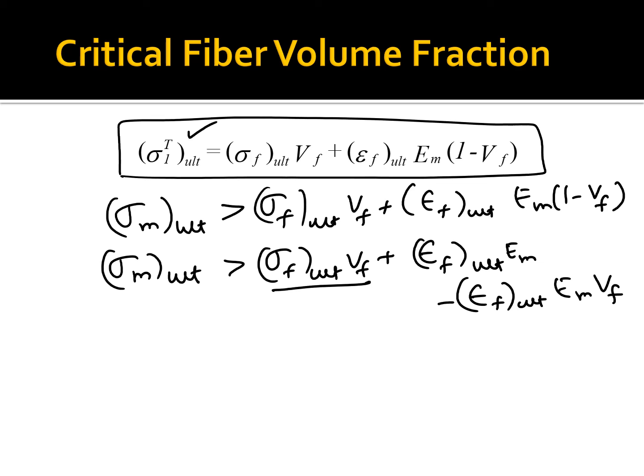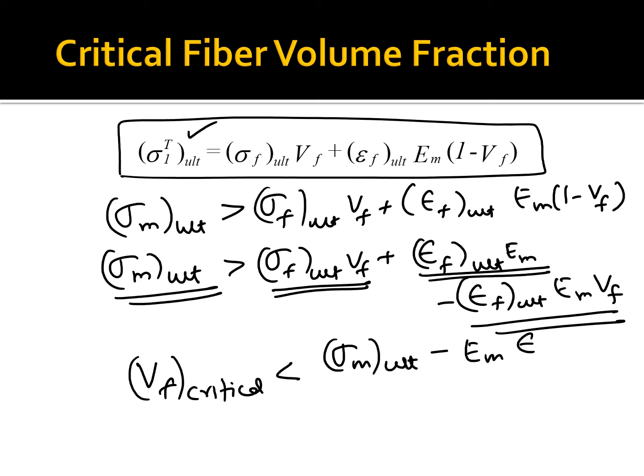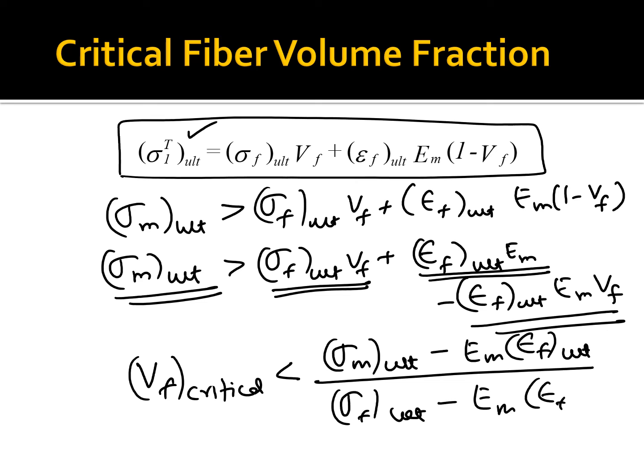So if we separate out the terms which have the volume fraction in it and have these terms together which don't have the volume fraction in it, what we'll find out is that Vf critical, that is the volume fraction under which the matrix is going to be stronger than having put the fibers in, turns out to be equal to sigma m ultimate minus Em epsilon f ultimate, divided by sigma f ultimate minus Em epsilon f ultimate.